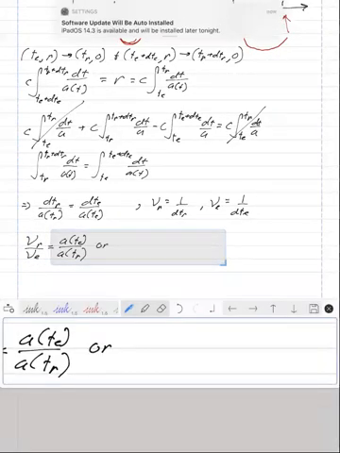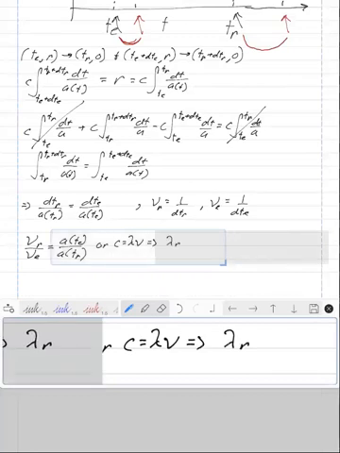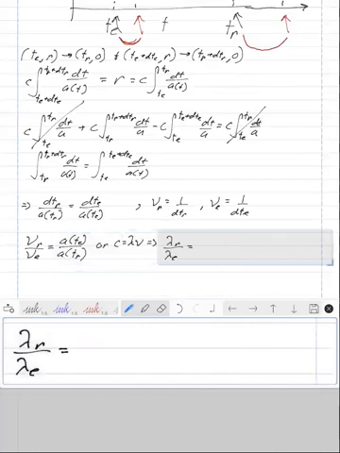Or, since c is equal to lambda times nu, we have that the wavelength when it's received divided by the wavelength when it was emitted is equal to the ratio of the scales of when it's received to when it's emitted.